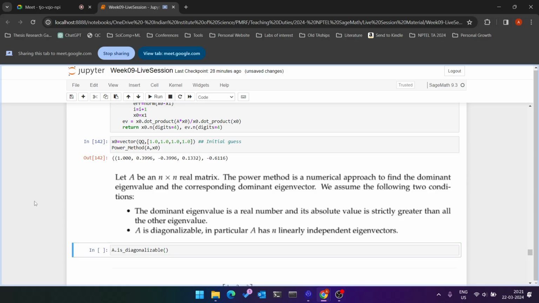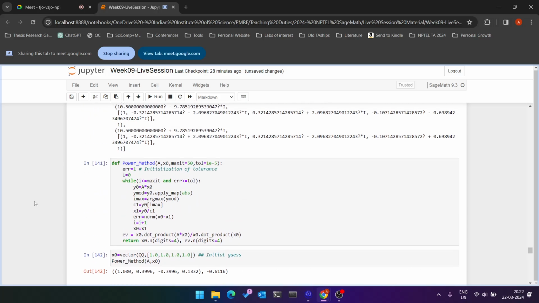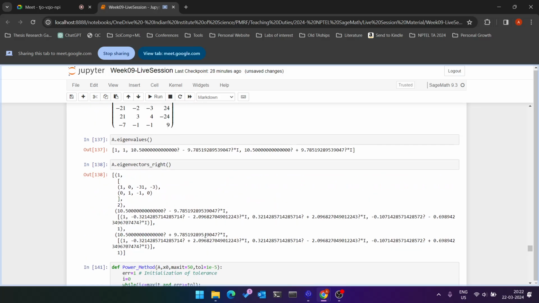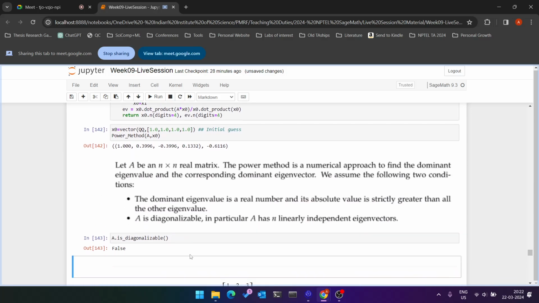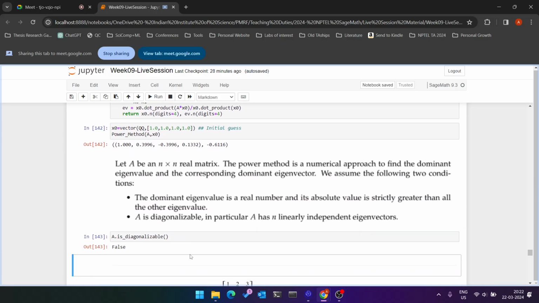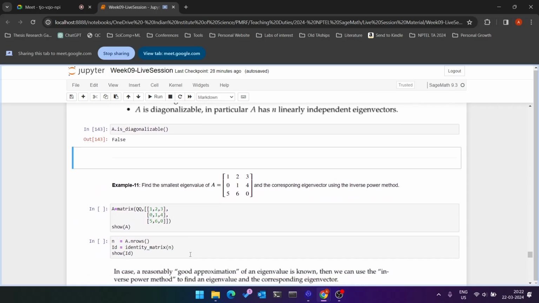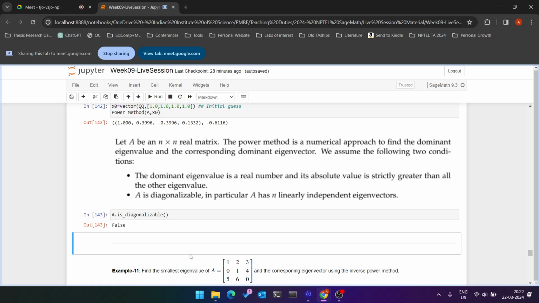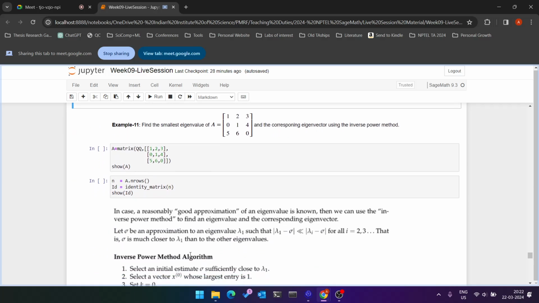And then A also has to be diagonalizable, which is not seen. So because it has complex eigenvalues, we cannot use the power method that we have been using so far. This problem basically shows us the limitation of the method that we have.